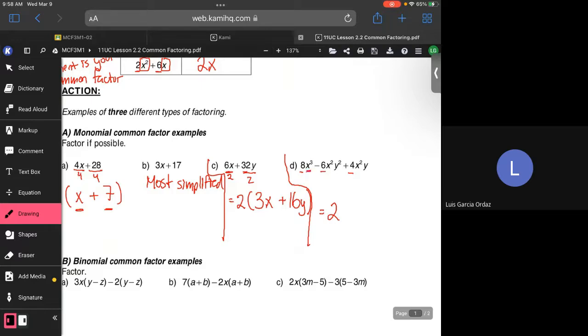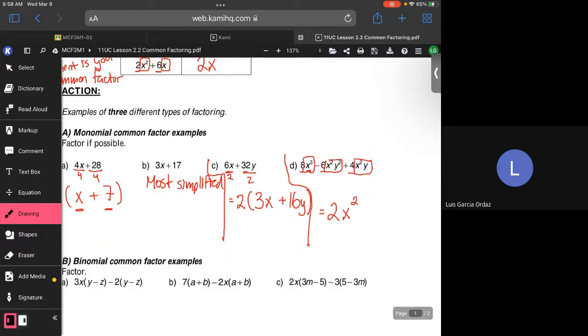Okay. Now let's look at my variables. So I have x cubed here. I have x squared y squared. And I have x squared y. What is my common variable, Abby? X to the power of, what's the lowest exponent there? 2. So it's going to be x squared. Because x cubed has 3 x's, so x squared can be a common factor.